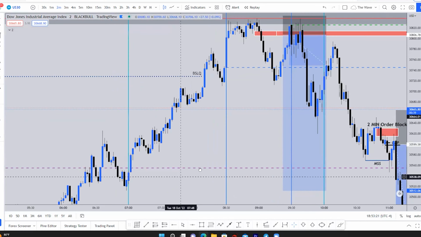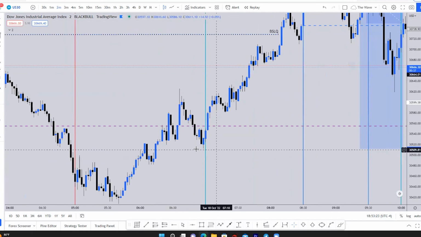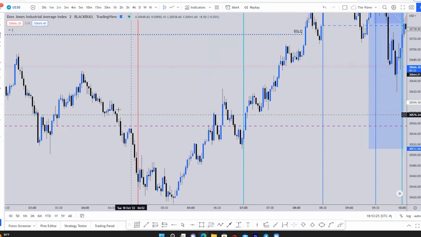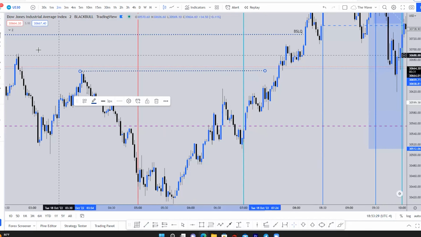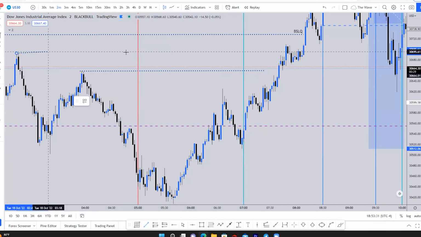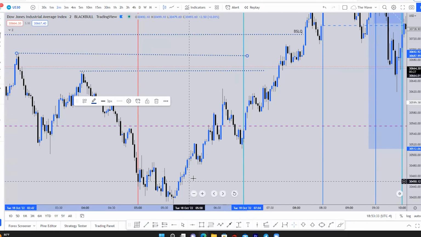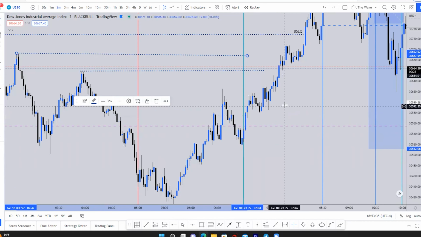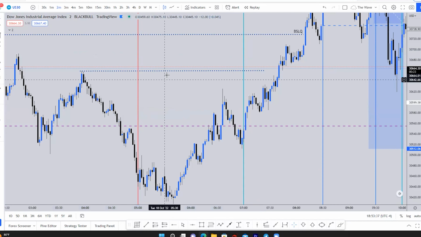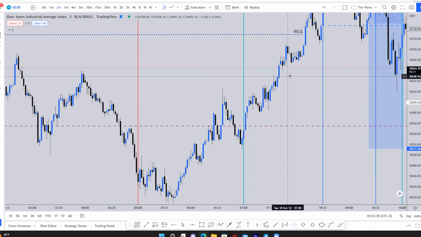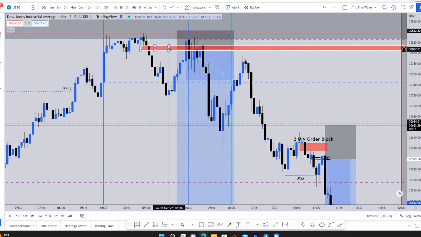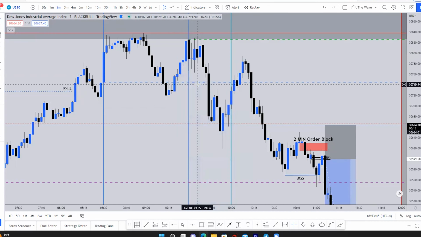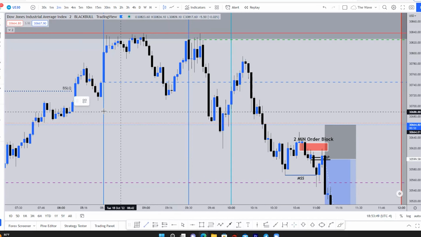As we're going up here, taking out buy side liquidity along the way, here was taken out, as well as here was taken out, we're leaving sell side liquidity along the way. So a lot of people caught this move early.